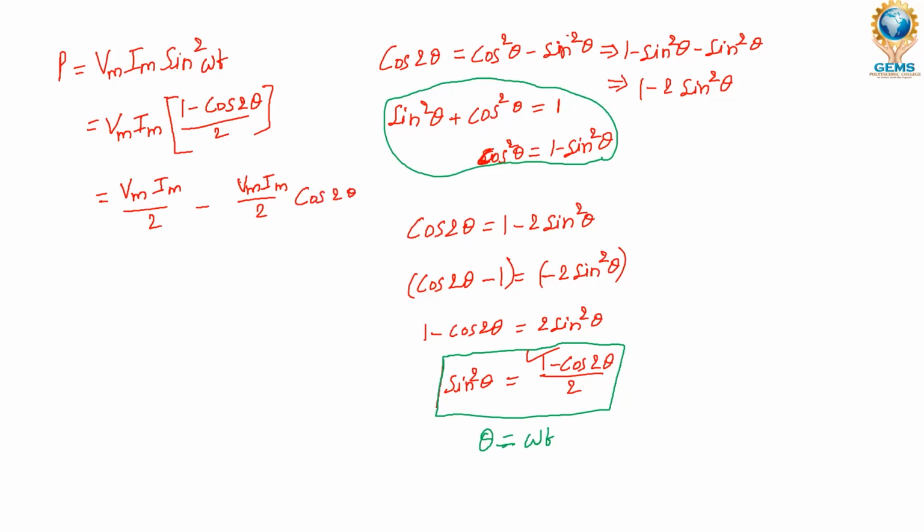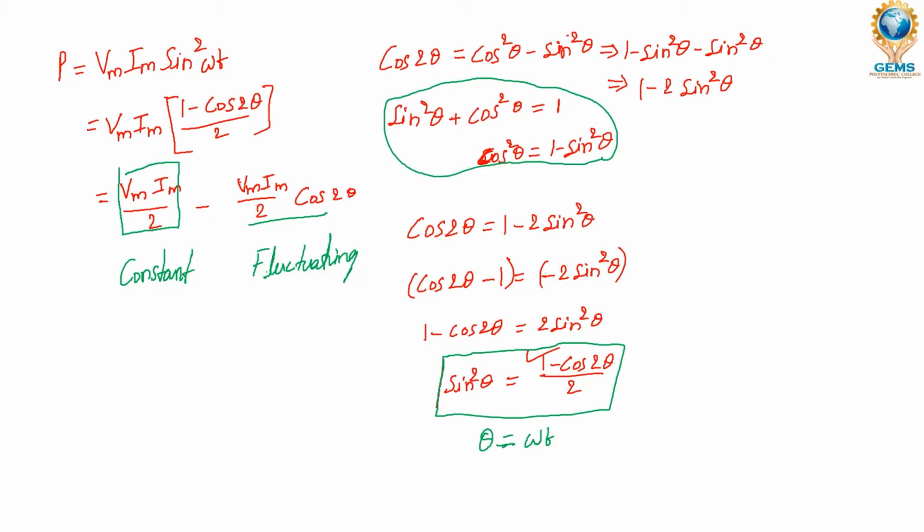This is the constant part, and this one is the fluctuating part.